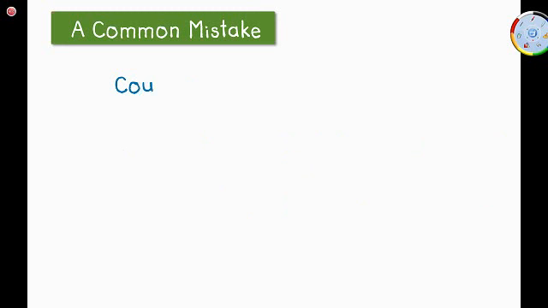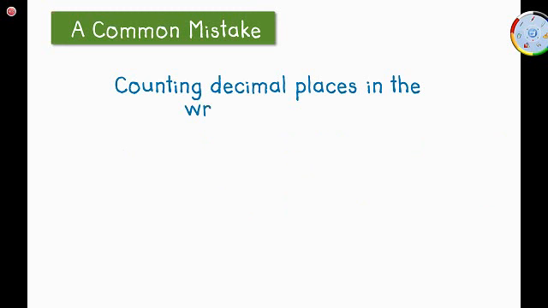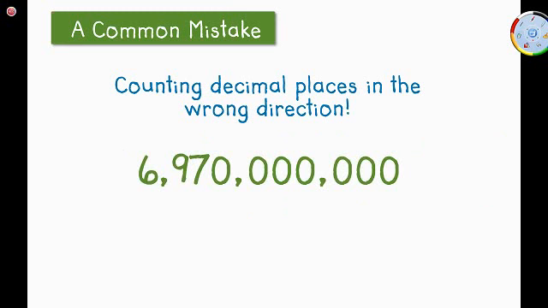Now, a common mistake when people are trying to decide how to move that decimal is they count the decimal places in the wrong direction. So here I have a really large number, 6,970,000,000. All right, that's a huge number. Sometimes people will count the decimal from where it begins, right there.